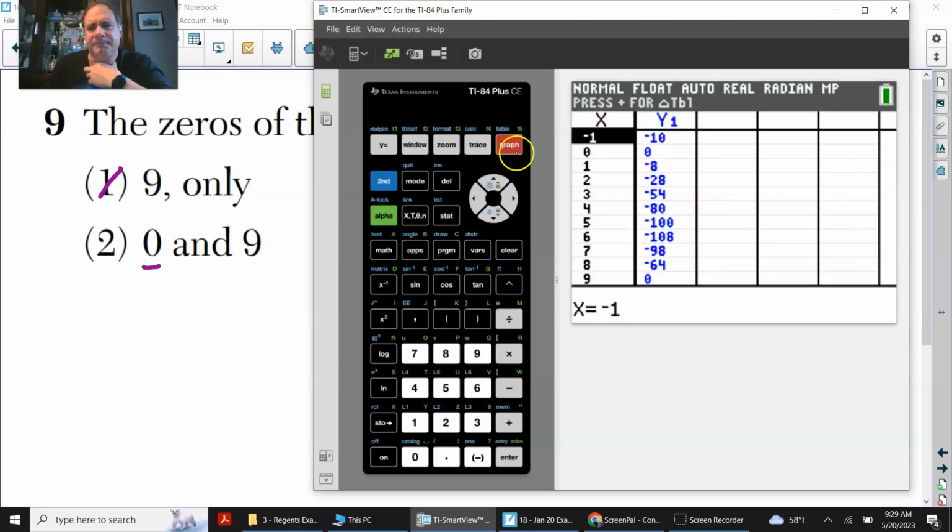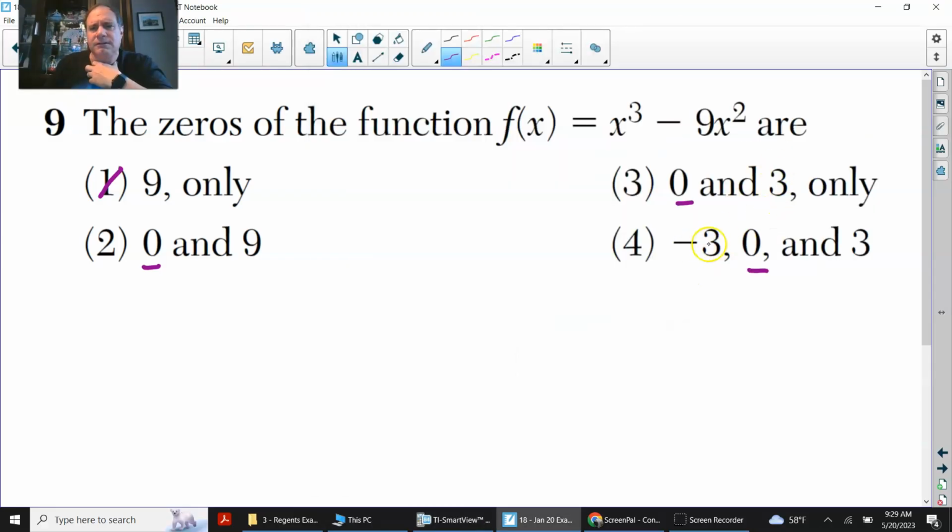So it's definitely 9. It's not 3, so we can cross out that, cross out that. This is the answer. Anytime they talk about the zeros, they're talking about the solution, the x-intercept, where it crosses the x-axis.